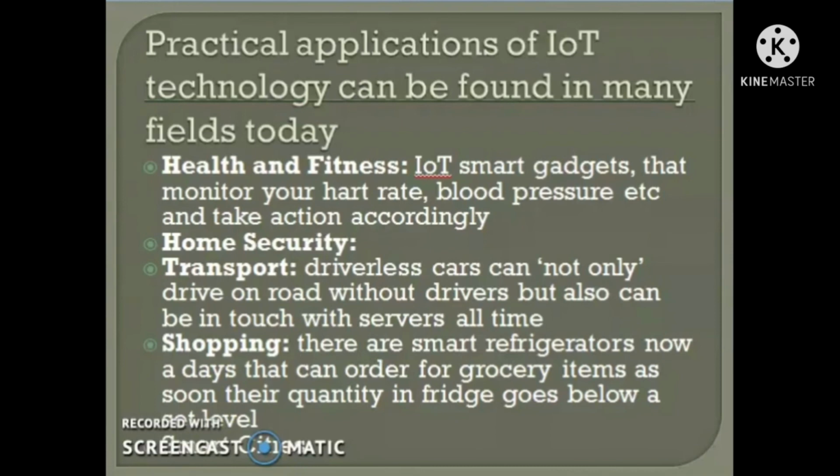In health and fitness, IoT smart gadgets monitor your heart rate, blood pressure, etc., and take action accordingly, such as sending emergency messages, updating daily fitness logs, or scheduling a doctor's appointment. Smart gadget examples are Fitbit, Jawbone, Nike, and Misfit.